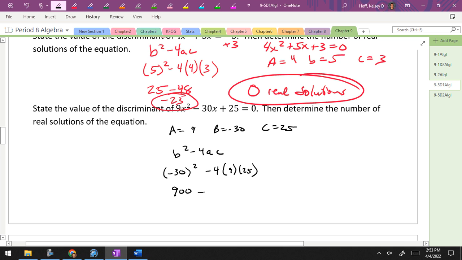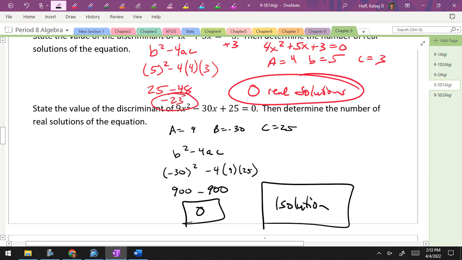What's the value of the discriminant? 0, right? So how many solutions are there? 1 solution. The value of your discriminant is 0, means you have 1 solution.